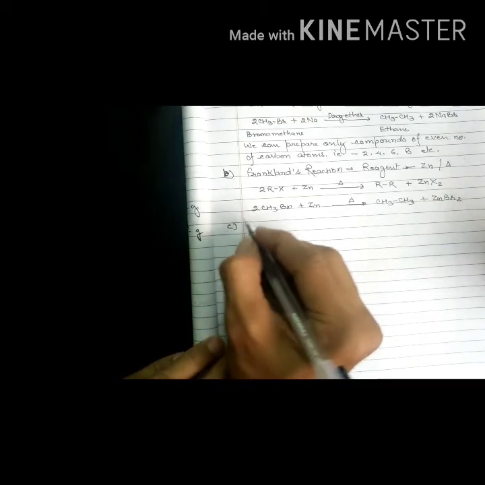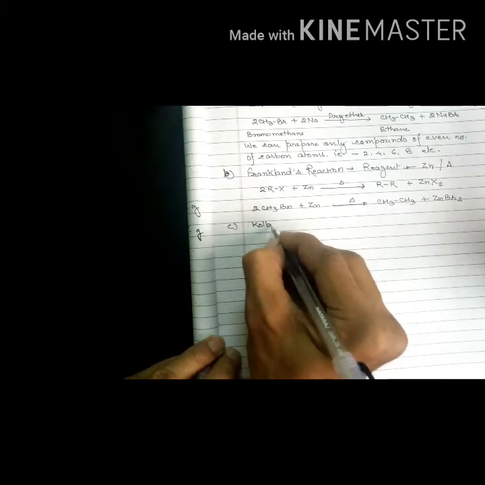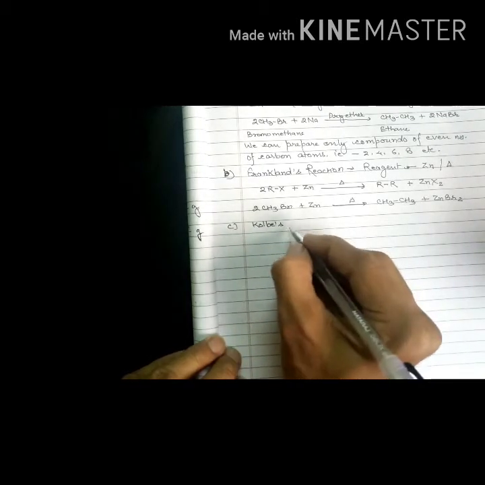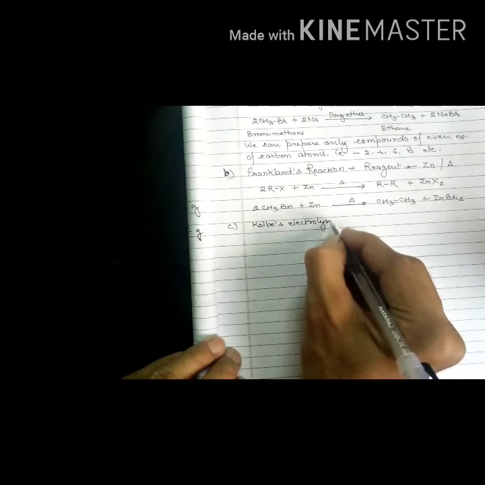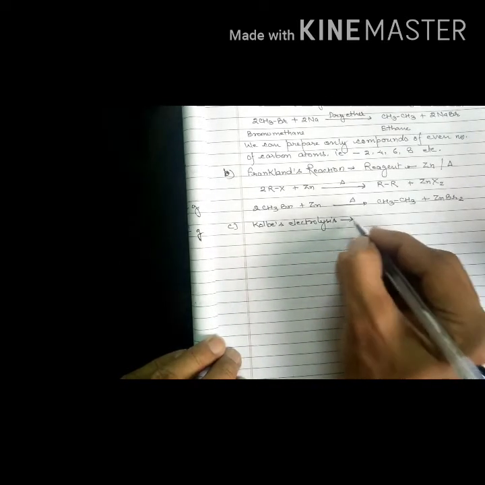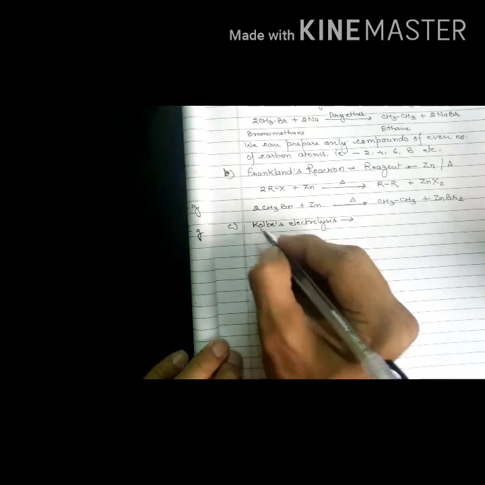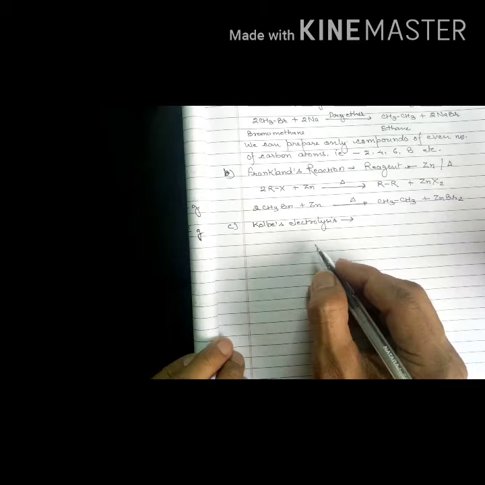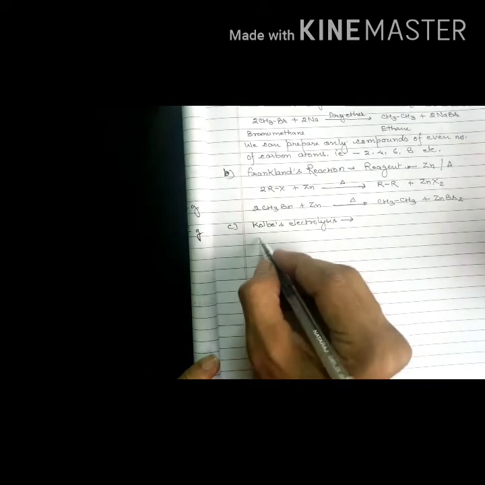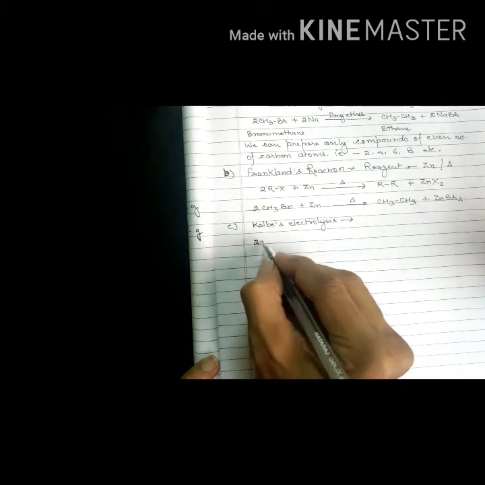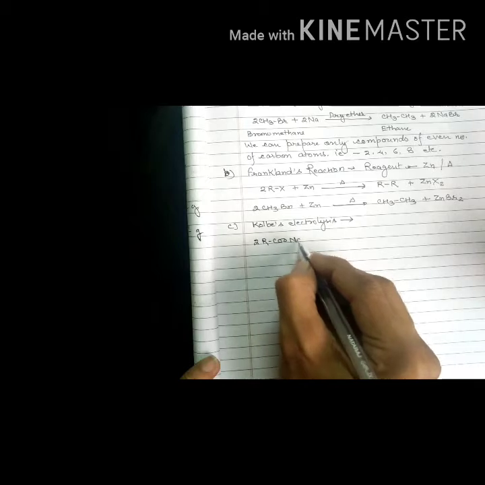The third type of reaction is Kolbe's electrolysis, in which we have to take either sodium or potassium salts of carboxylic acid, RCOONa.